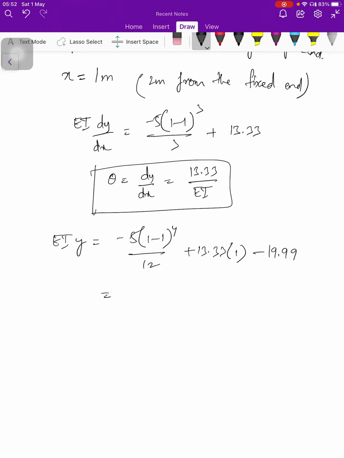So this is equal to minus 19.99 plus 13.33. This is 6.66 with a negative sign, or y is equal to minus 6.66 by EI. So this is the deflection at 1 meter from the free end. So if you see, slope will not change, whereas the deflection will change.